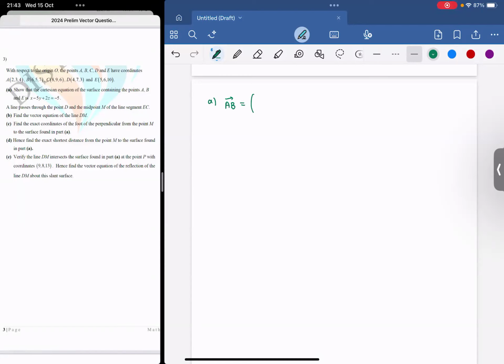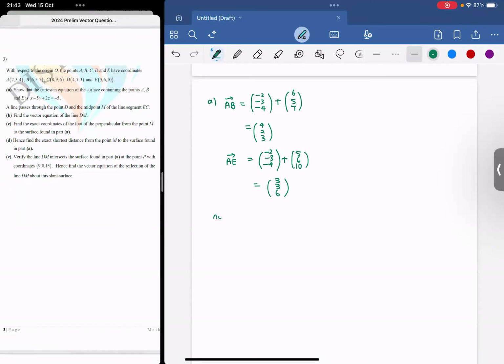So AB is just -2, -3, -4 plus 6, 5, 7. That will give me 4, 2, 3. Then I find my AE, -2, -3, -4 plus 5, 6, 10. Here will give me 3, 3, 6.